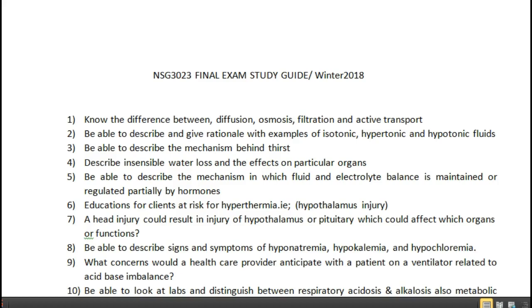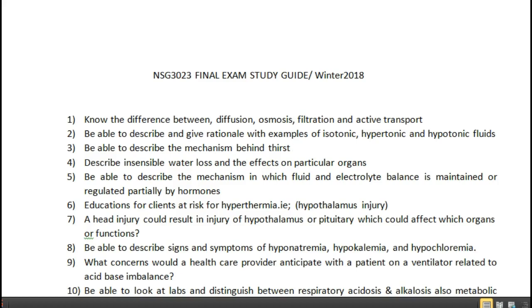Osmosis is movement of water across a semi-permeable membrane from a compartment of lower particle concentration to one that has a higher particle concentration. So, it's almost like the opposite.